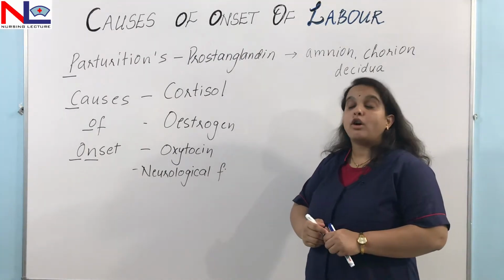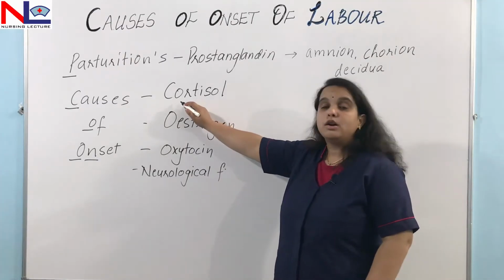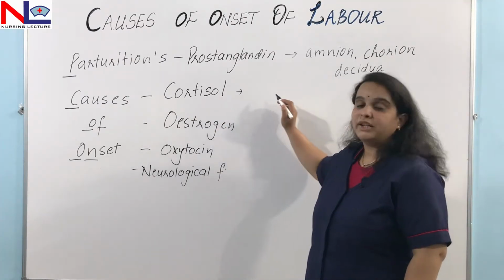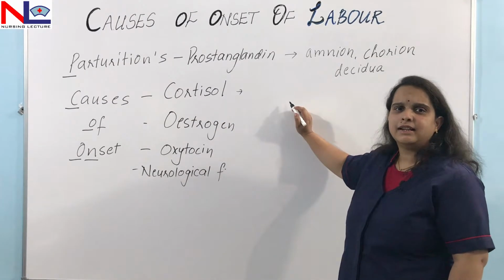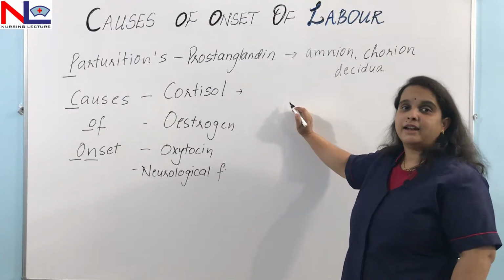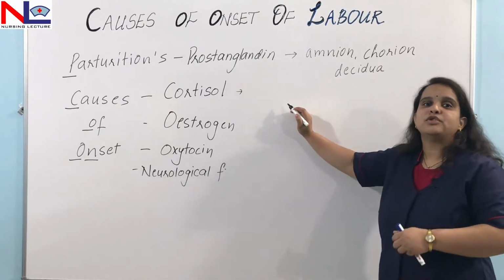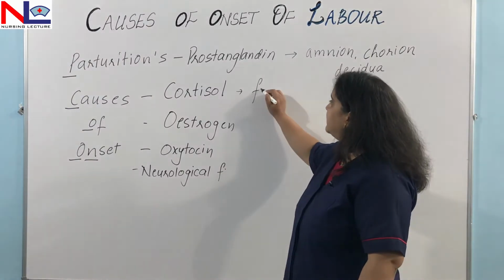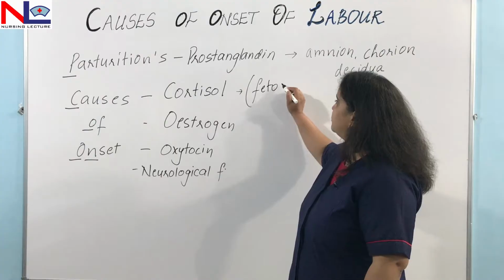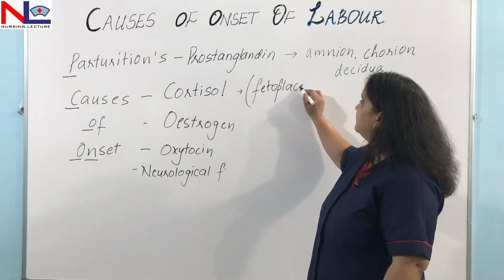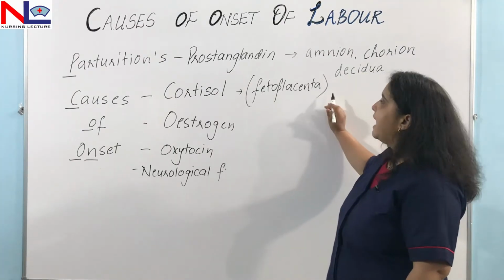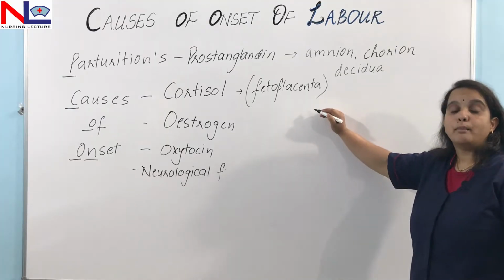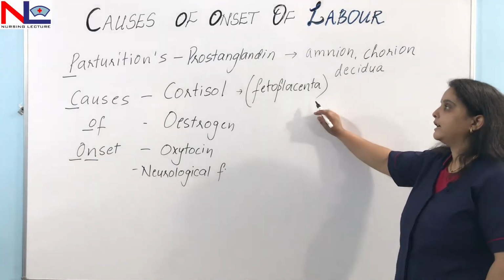Now next comes the cortisol, that is C. Cortisol is released from the fetus and diffuses into the placenta, and from the placenta estrogen and prostaglandins are synthesized. So cortisol released from the fetus to the placenta adds in the formation of estrogen as well as prostaglandin.